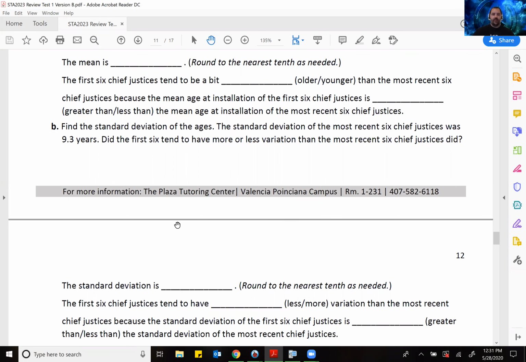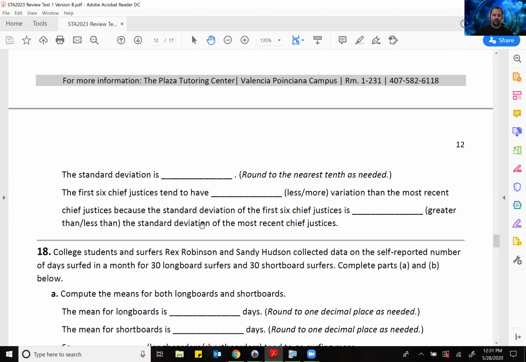But now it asks another question. It says, less than the most recent justices because the standard deviation of the first 6 justices is blank, greater than or less than the standard deviation of the most recent. Less than. You got it.